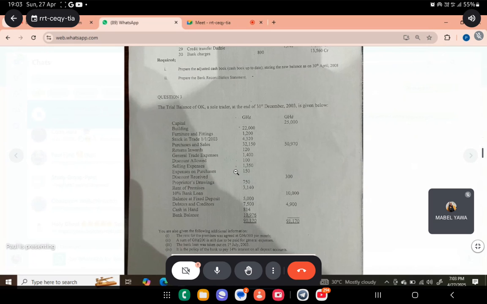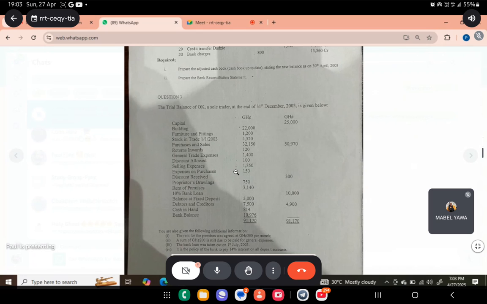It says that the trial balance of OK, a sole trader at 31st December 2003 is given below. So this is the trial balance. I told you that everything on the debit is either assets or expenses, and everything on the credit is either capital, liabilities, and income. So we are not interested in the trial balance because you should know that anything in the trial balance will be treated once, some in the income statement and the rest in the statements of financial position.